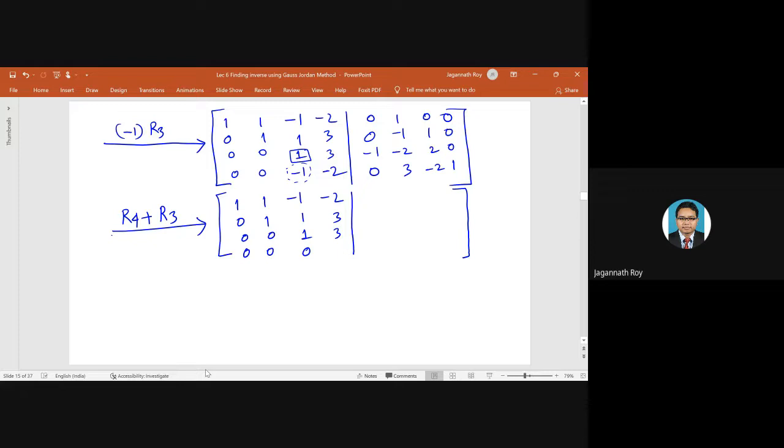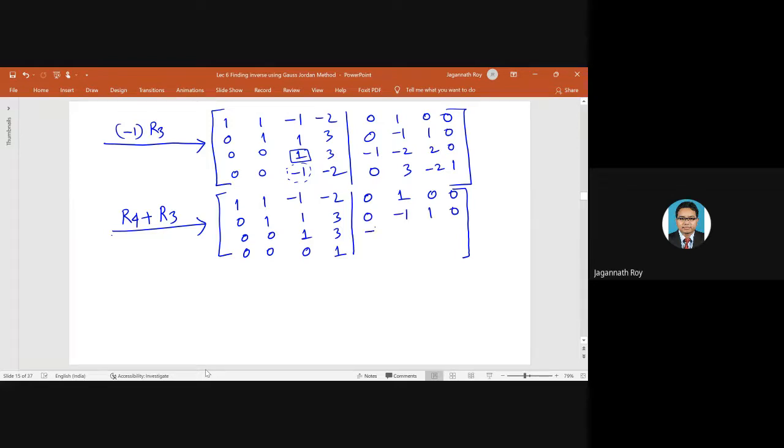So we are adding, so this is 3 plus minus 2, that becomes 1. The right hand side I forgot to write. So the first row is complete: this is 1, 0, 0, then 0, minus 1, 1, 0.